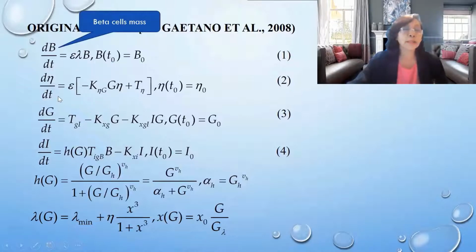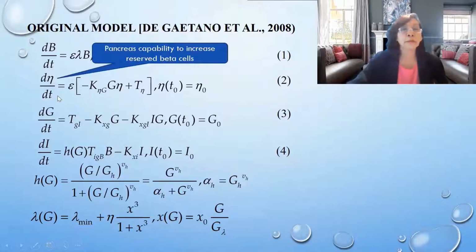The second equation is the rate of change of pancreas capability to increase reserved beta cells, eta. The first term here is the reduction in the capability of the pancreas due to increase in blood glucose. T sub eta is the spontaneous recovery rate of the pancreas.